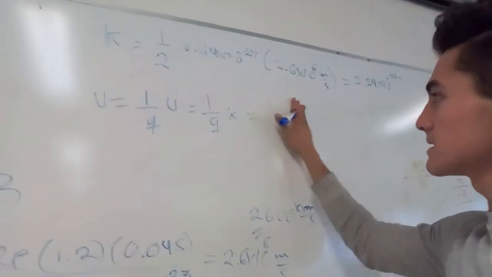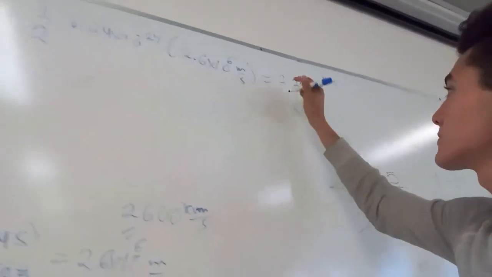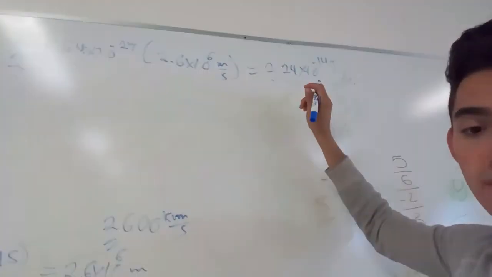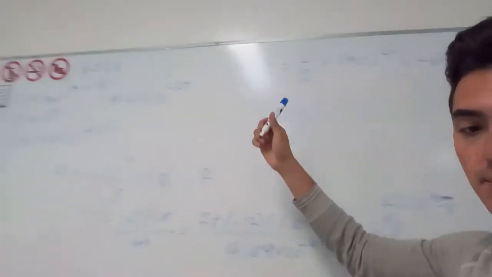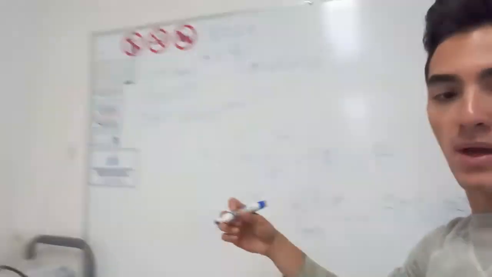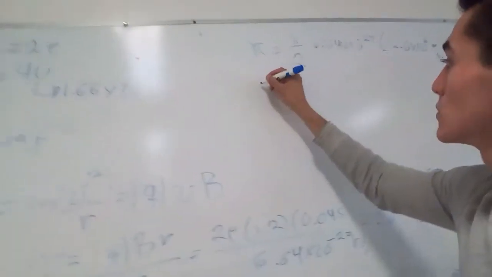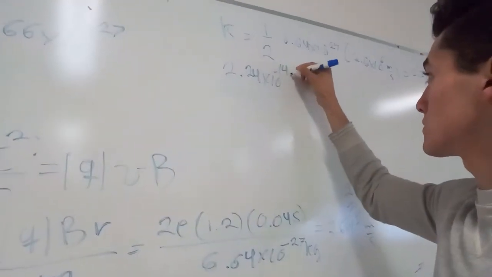Here I'm missing a step, sorry. Here we are obtaining this in joules, but we have to turn it into eV because we are asked for that in the problem. So here, 2.24 times 10 to the minus 14 joules.